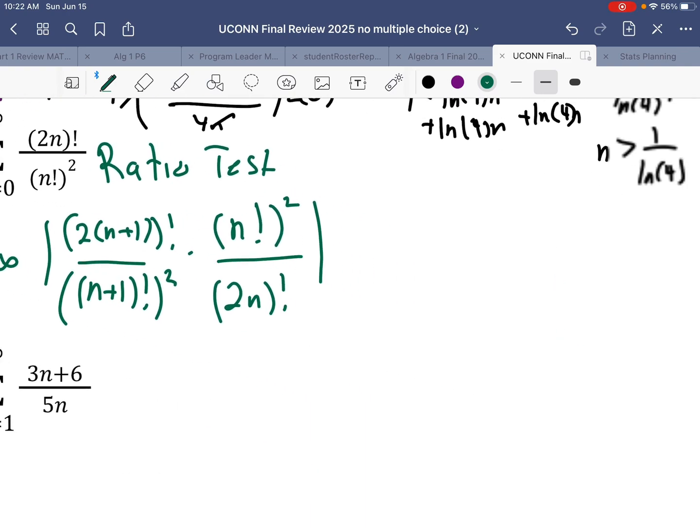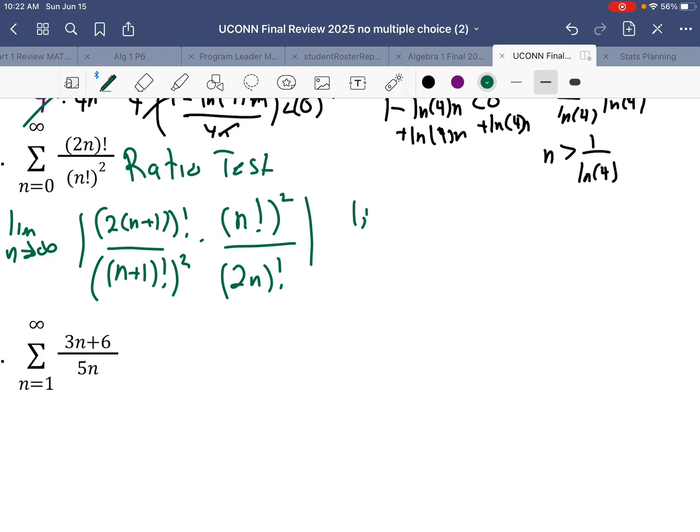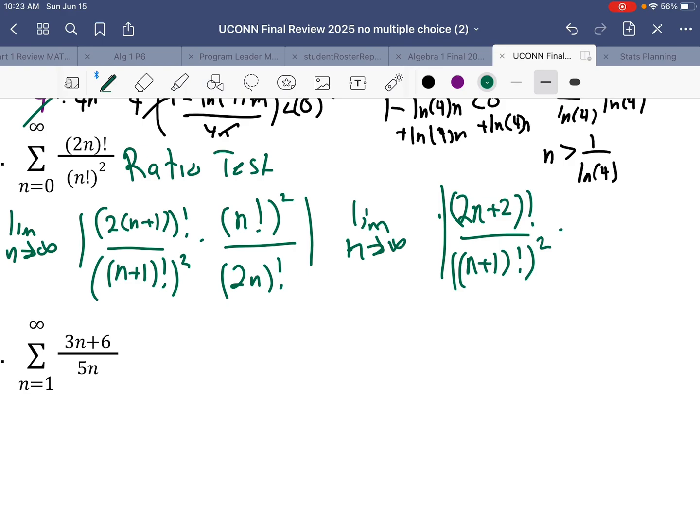Now 2 times n plus 1 should be rewritten as 2n plus 2, all of that factorial, divided by n plus 1 factorial squared, times n factorial squared over 2n factorial.